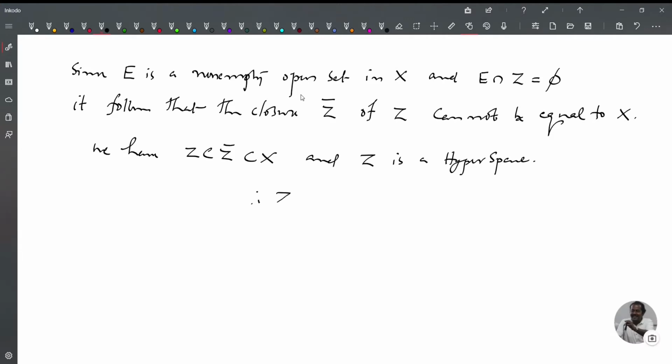So closure of Z equal to Z, that is Z is closed.